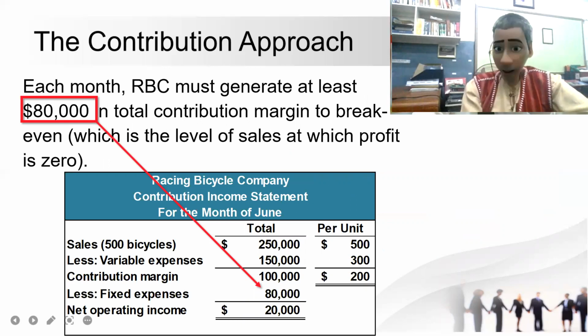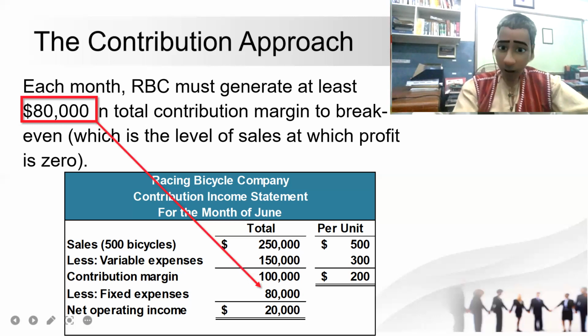If your contribution margin is equal to fixed expenses, you do not have income. You have zero income, meaning you are at break even, which is the level of sales at which profit is zero. You have zero profit. So we need to have a contribution margin greater than fixed expenses.